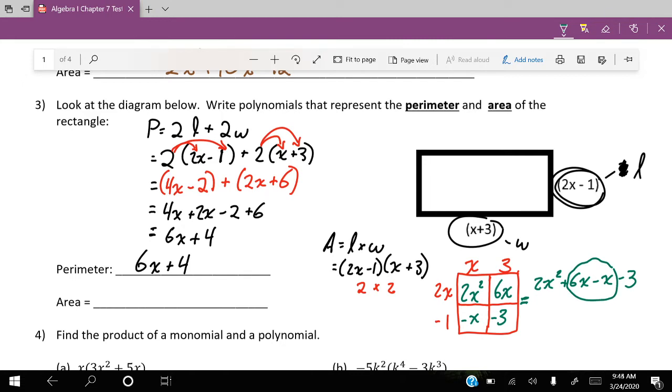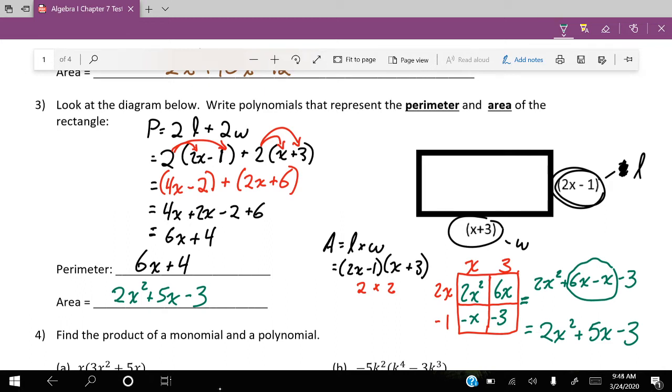So we're going to say this equals 2x squared, 6x minus 1x is simply 5x, and we have minus 3. So our answer for the area is 2x squared plus 5x minus 3. And we are actually finished. So that is number 3.